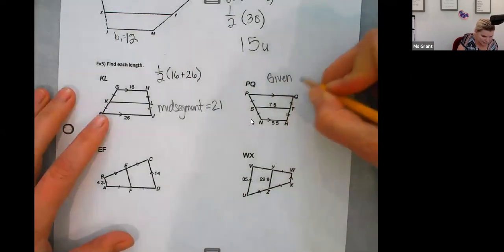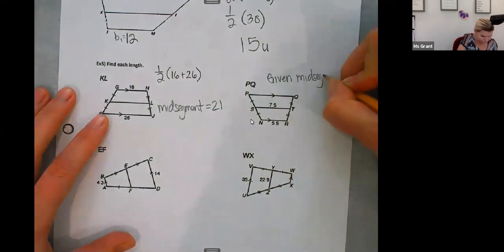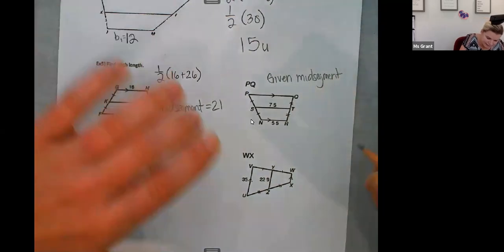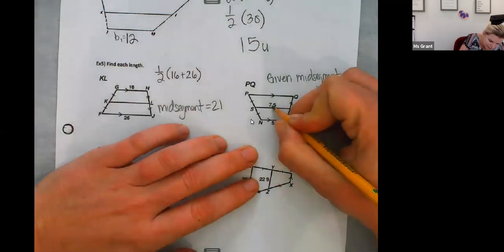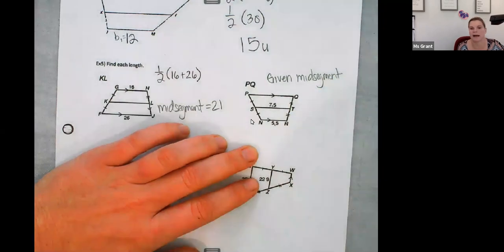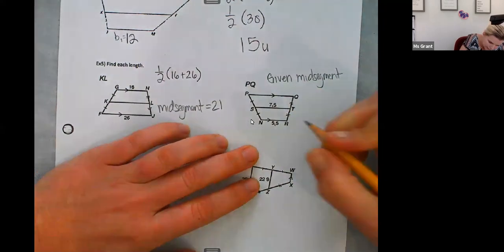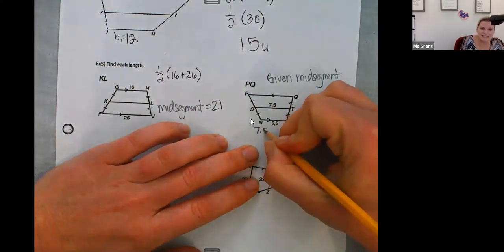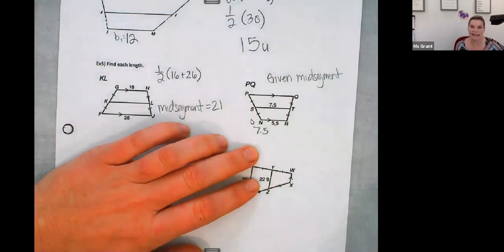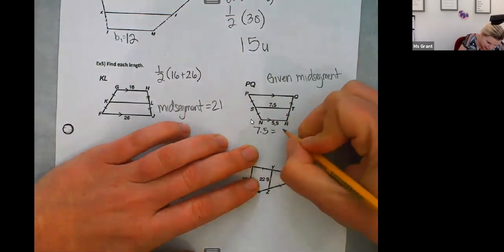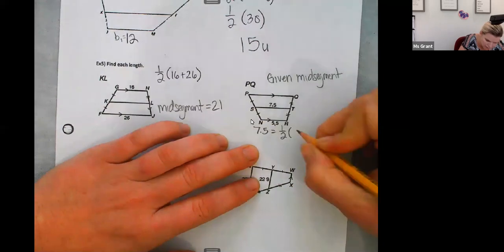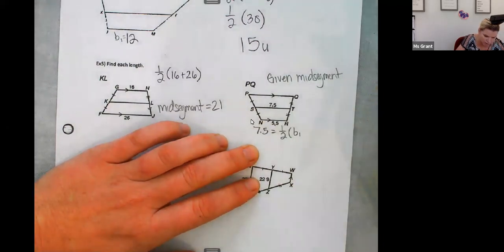PQ. I'm given the mid-segment. That means these, by the way, are decimals, 7.5, 5.5. 7.5 is the length of the mid-segment. That equals half of base 1. I don't know. I should just call it x.